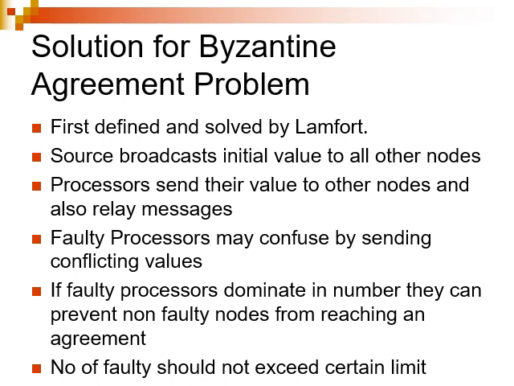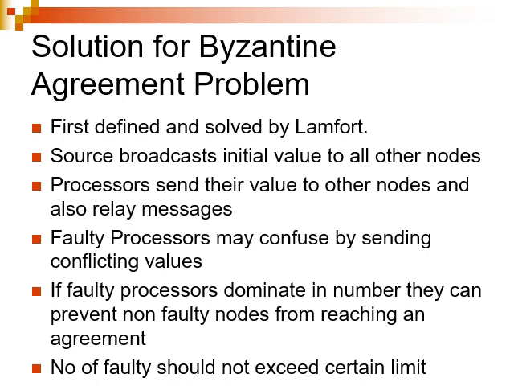Then what is the solution for the Byzantine problem? In the Byzantine problem, every node has to agree on the single value proposed by the source node, or you can say primary node or arbitrary node. This solution was first defined and solved by Lamport. In this Byzantine agreement problem, the source, or primary node, will broadcast the initial value to all other nodes, and processors send their values to other nodes and also relay the messages.